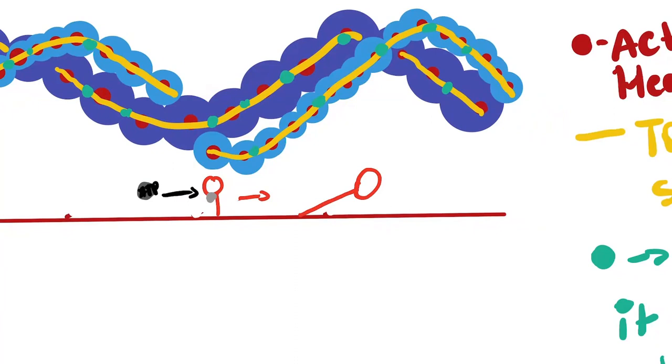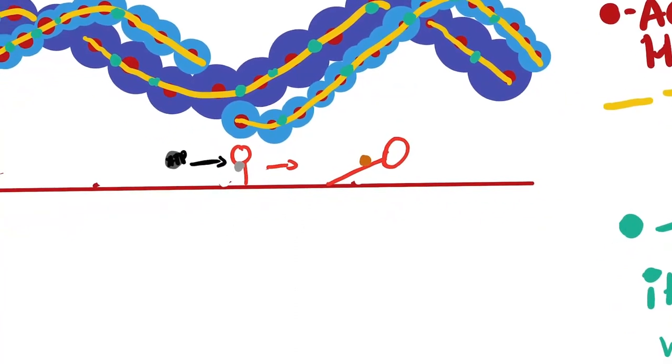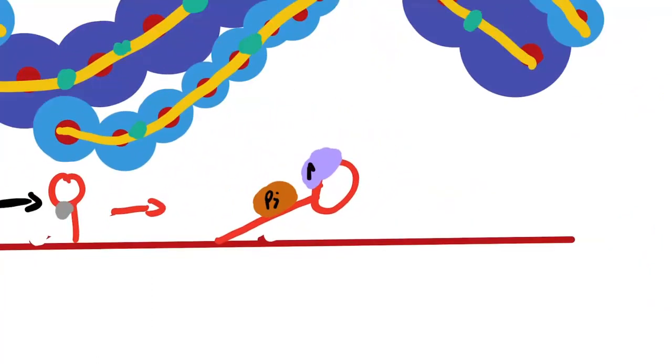And in the process of hydrolyzation, it's going to convert the ATP into ADP and the phosphate. So this is the inorganic phosphate, and this is the ADP.